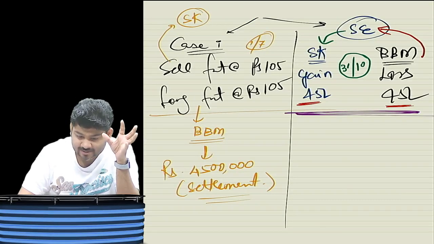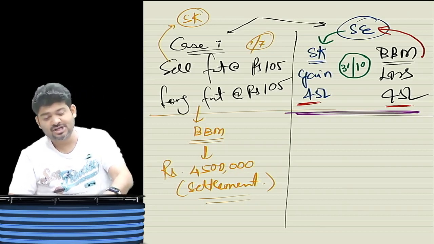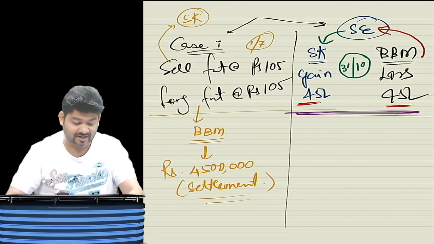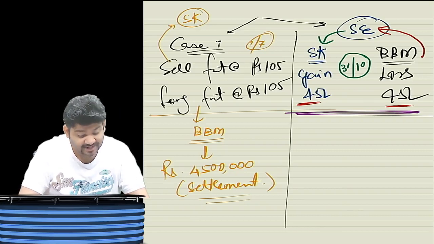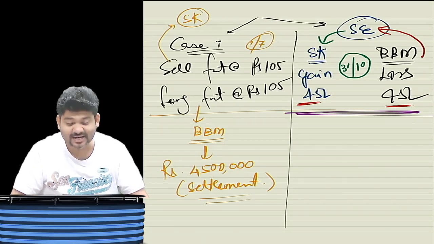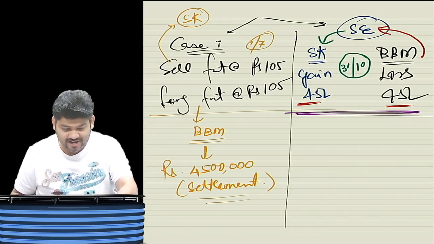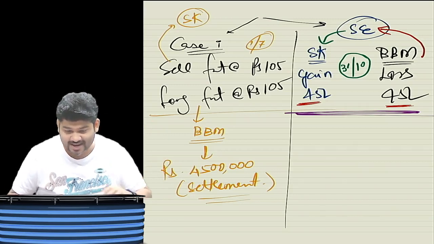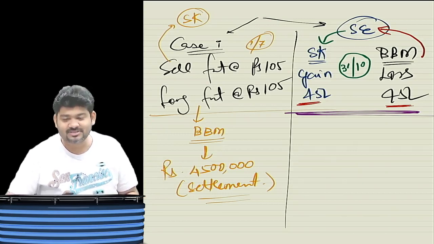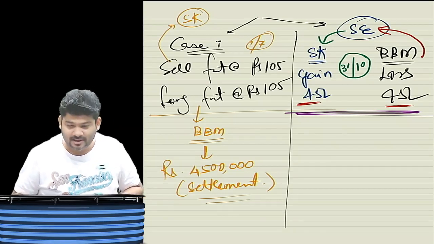Correct. Now the stock exchange will call Mr. B. Bala Makrish and tell him, Mr. B. Bala Makrish, please give 45 lakh rupees. You have lost it. And immediately call Mr. Sankalp and tell him, sir, you have won 45 lakh rupees. Congratulations. So you're like, yes, please give it to me.